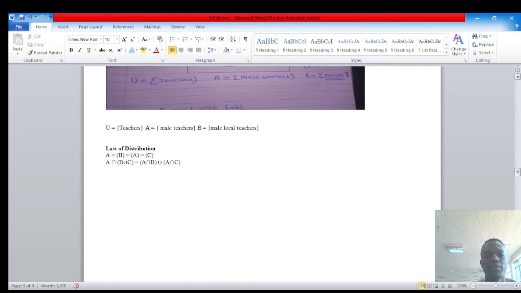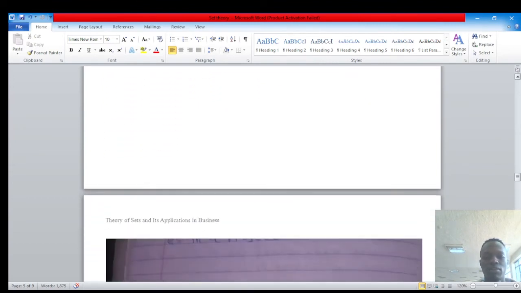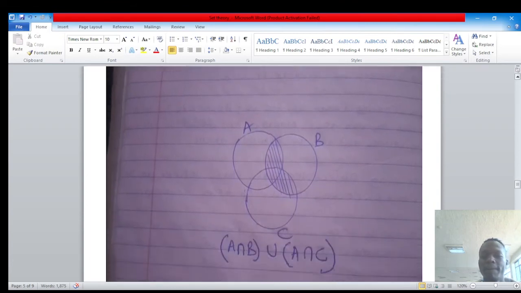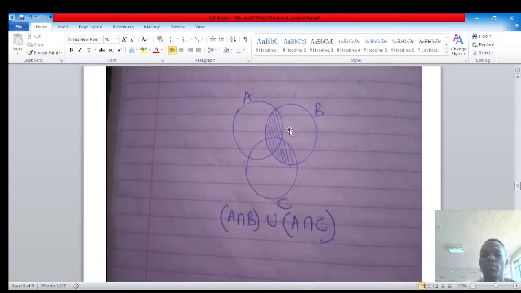Let's look at those laws. So those laws apply here, the law of distribution. For example, we have this. How would we read this set? You can say this set A, B, C, but they intersect each other. Here in the shaded part, this is where they share common elements.